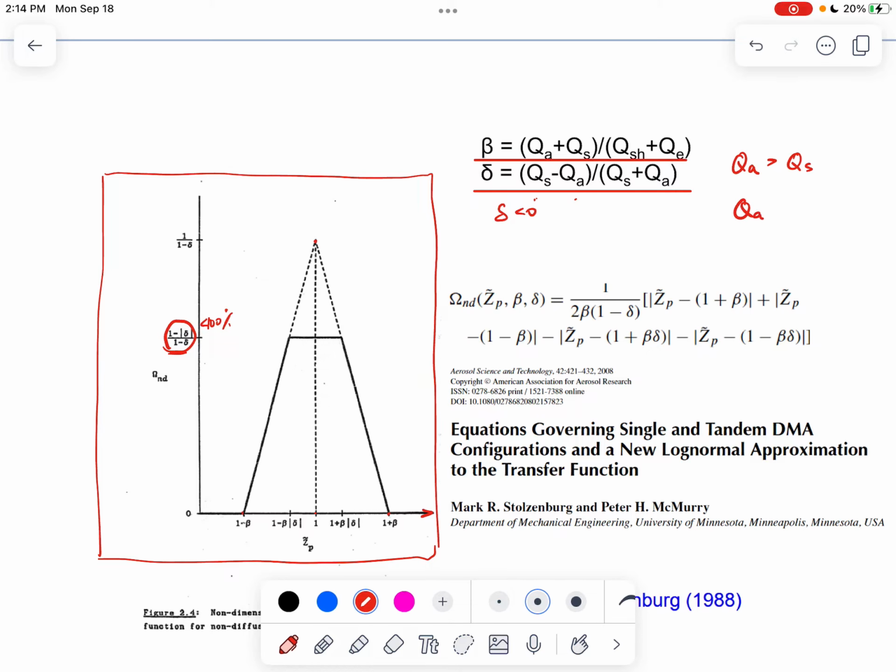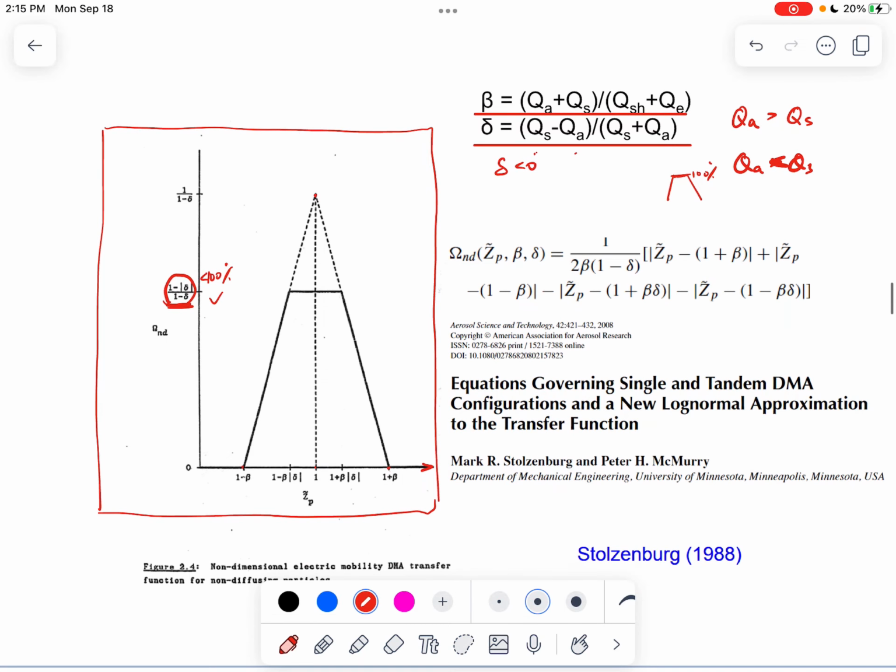And then when QA is smaller than QS, we mentioned that for that trapezoidal shape, it's going to be 100% everywhere at the top, right? So you see it is actually 100%. So this actually agrees with what we assumed in this system here, right?